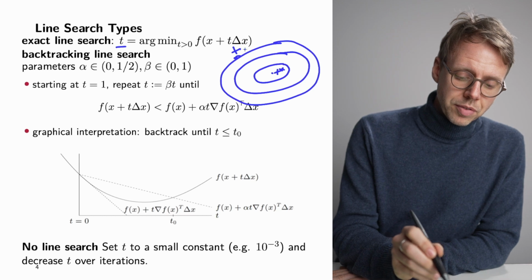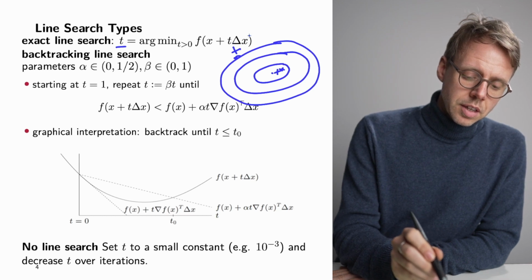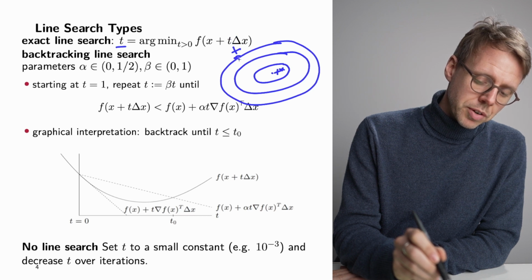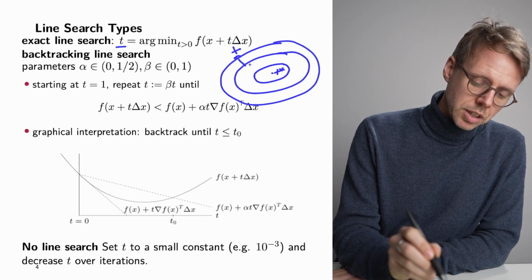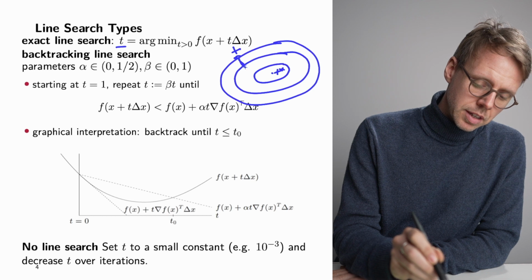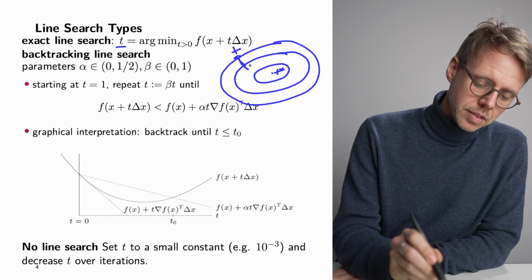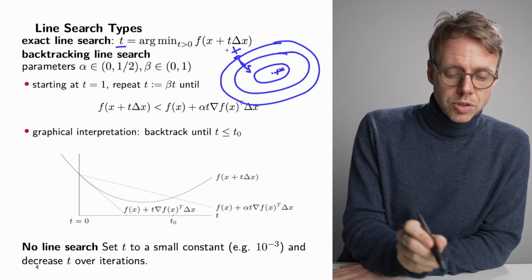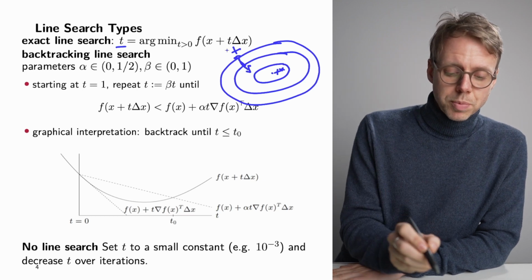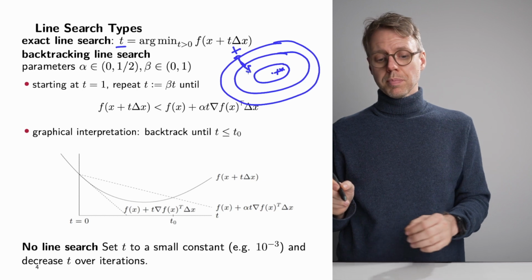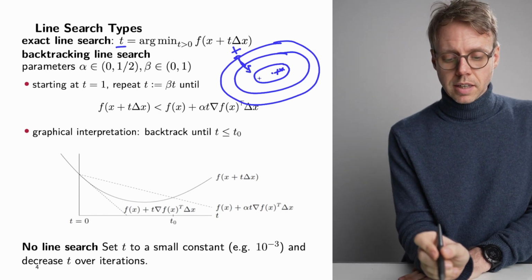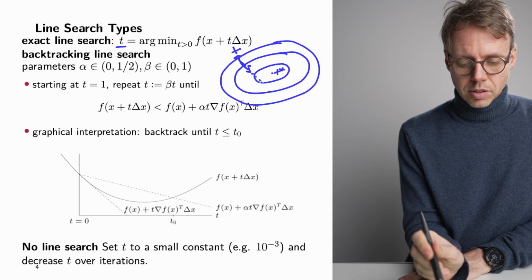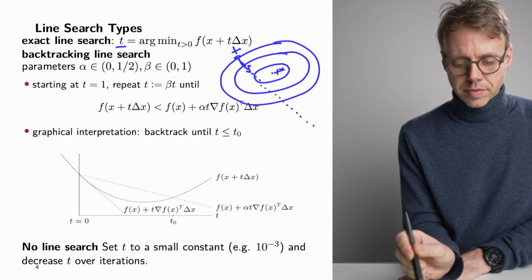Once you have found a search direction, for example, your search direction might be this one here, which would be roughly the negative gradient. Your line search is called a line search because it's a one-dimensional optimization problem. You're basically limiting yourself to this line here. You can only go in this direction.